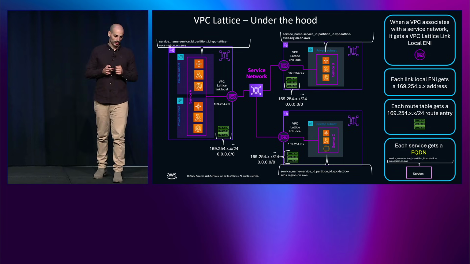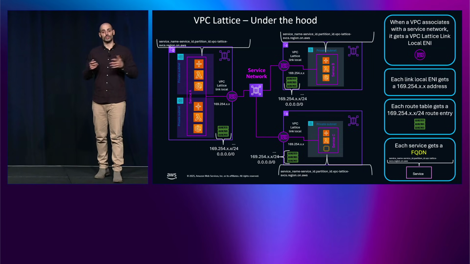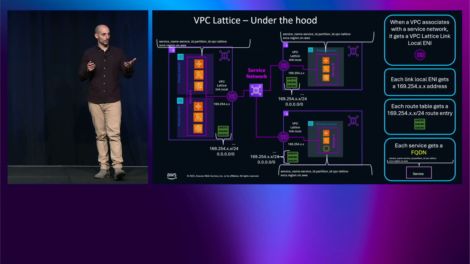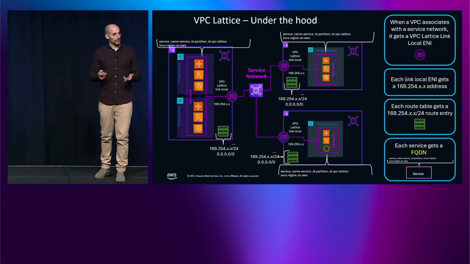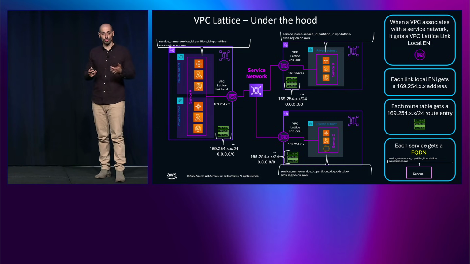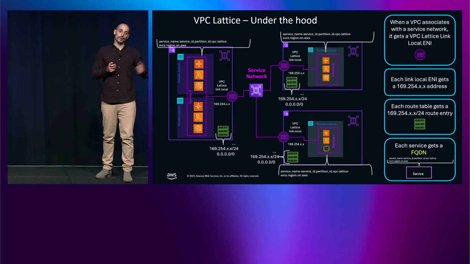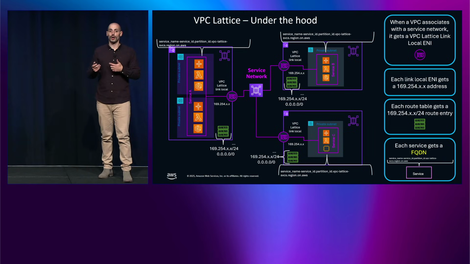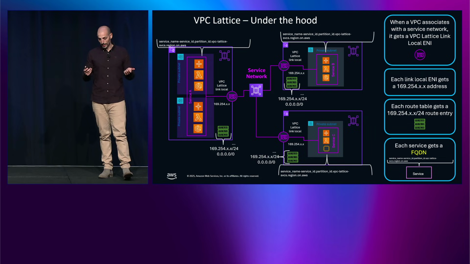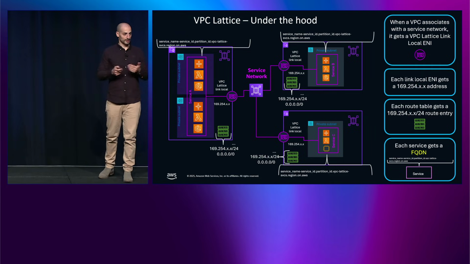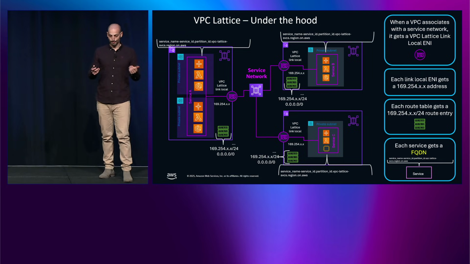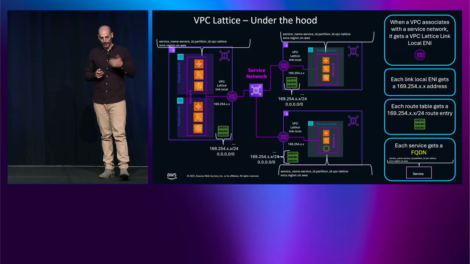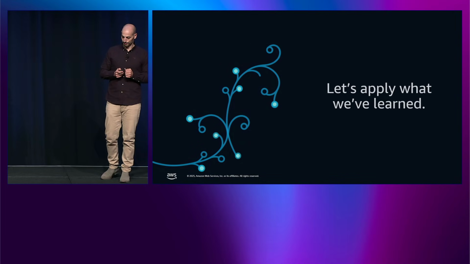Here you see on the screen the default generated name. You can also use a custom DNS name. So once you do that, the DNS resolution of the service will point to the 169 IP address. It won't point to the IP in the other VPC. And that's how you handle the overlapping IP. Basically, VPC Lattice makes that problem a non-issue. So we're going to apply this and update our architecture.